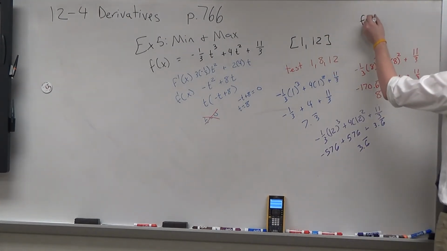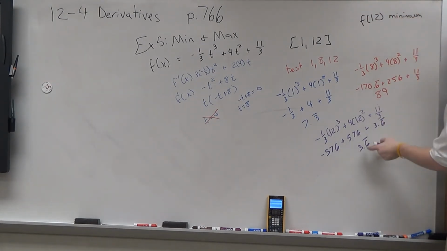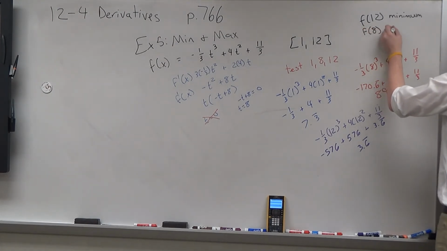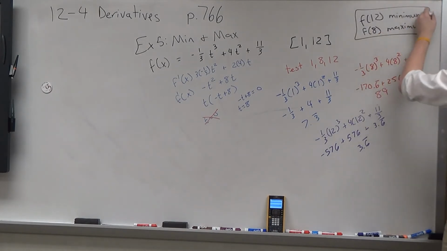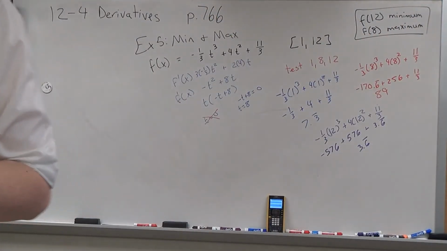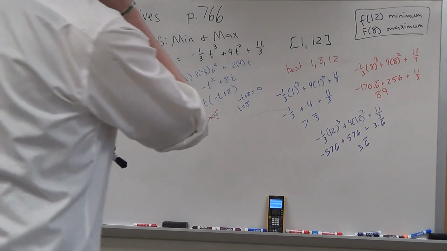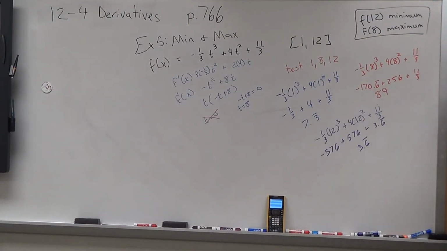So f of 12 is the smallest value, and f of 8 is my maximum. So that would be my answers to that one.